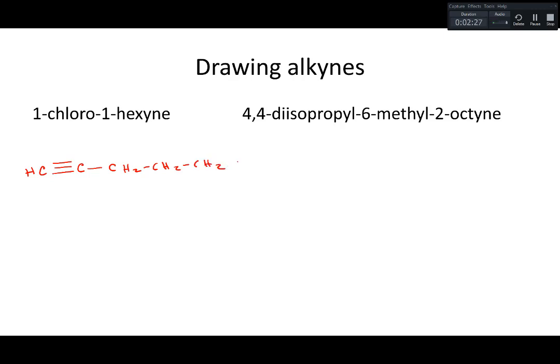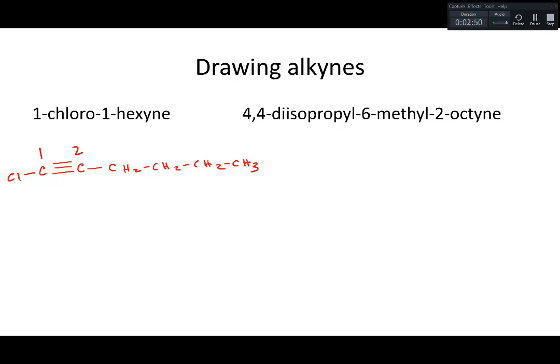That gets me to 5, sorry, and then I'll do one more to CH3. Then what you do is you say, oh, it's going to be 1-chloro, so this is the number 1, and this is 2, so I'm going to have to erase this hydrogen and then replace it with a chlorine group like that.